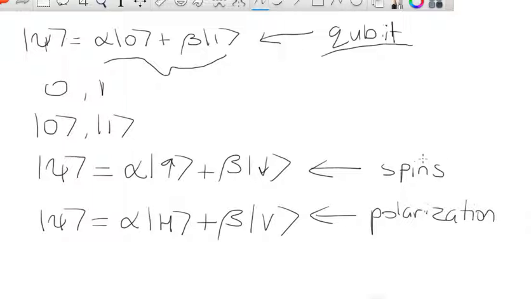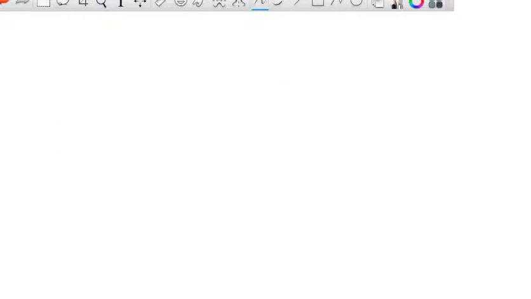Okay, so we can extend this qubit. At the moment it's a two-level system, we can actually extend it to much higher dimensions. So for example, let's just scroll down a little bit, there we go.